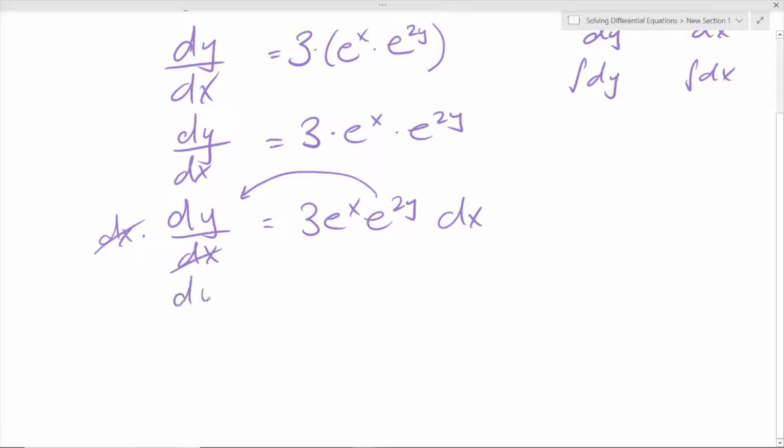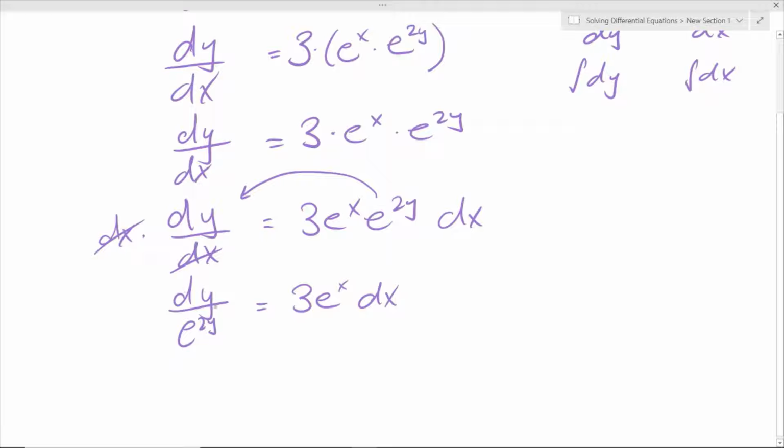So we're going to divide both sides by e to the exponent of 2y. So we copy this 3e^x dx, and this gets moved to the other side, like right here. So we divided by e to the exponent of 2y, and that's how we got rid of it.